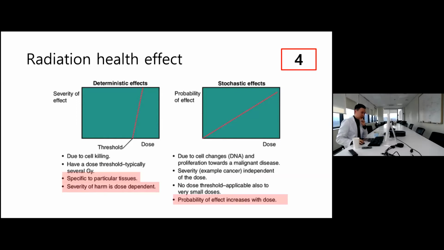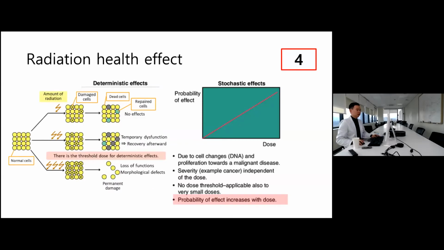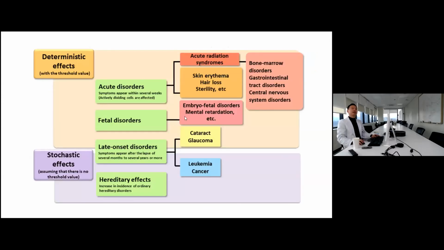As many will rightly know, the hereditary effect is the stochastic effect. Effects can be divided into deterministic effects with a threshold value, most of which are categorized as acute disorders such as skin erythema, hair loss, or sterility.